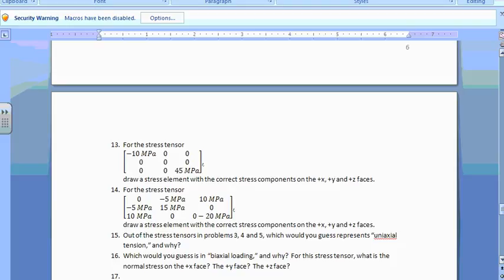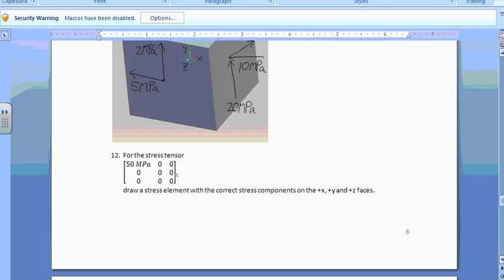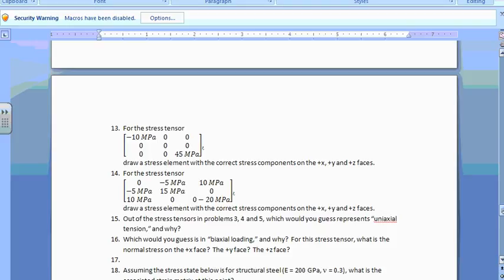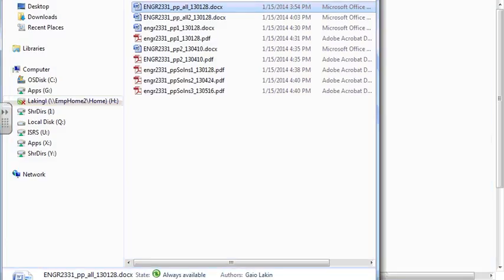And so, was uniaxial loading on there? Yeah, it was. Okay. Our number 14 was like a structure problem. Oh, really? Oh, this is the wrong set. Okay. These are old. All right, sorry about that.